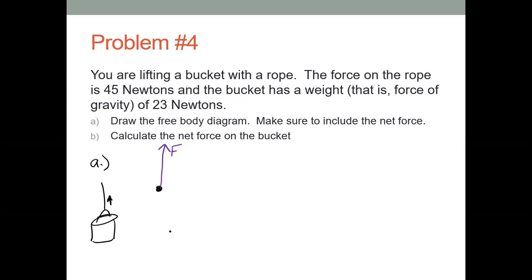What do you think we're gonna call it if it's a rope? You could call it applied. I would accept applied, but since it's a rope, I would call it tension. So I'm going to have tension going up, and I want to be clear, it's not normal going up because it's not a surface.